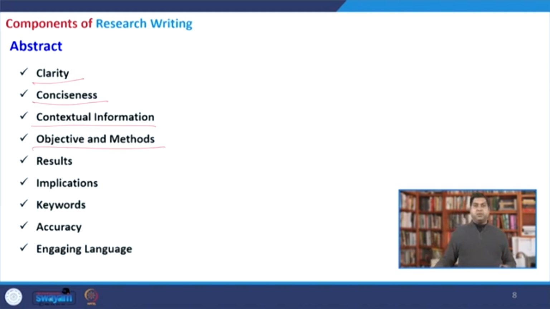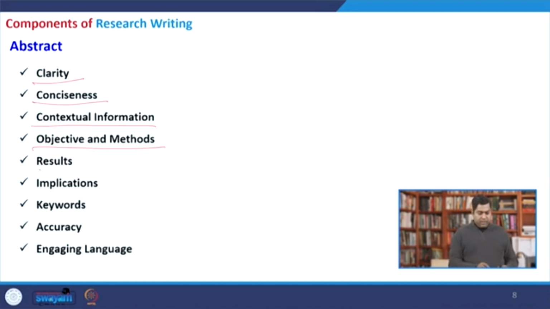Let me tell you, this is something I have observed while reviewing papers: the first paragraph of the introduction is almost the same as the abstract, which is discouraging. As a reviewer, it suggests you have not worked out your abstract very well.